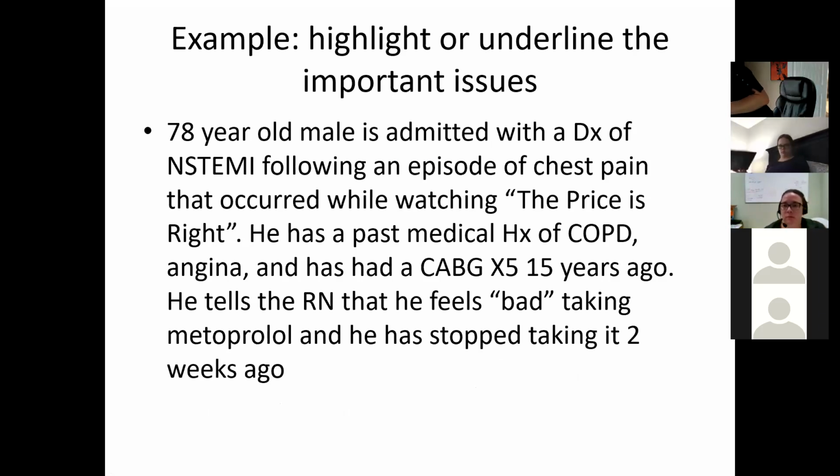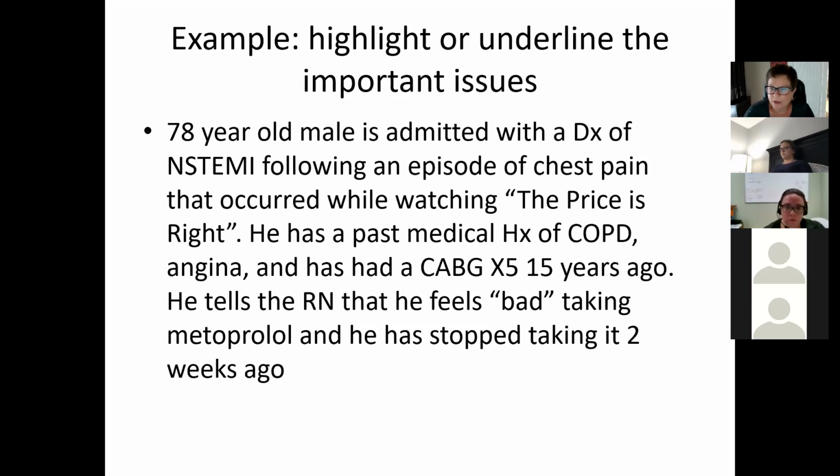I'm going to tell you what I think is important here, so I'm going to read through it. A 78-year-old man is admitted with a diagnosis of non-STEMI following an episode of chest pain that occurred while watching The Price is Right.